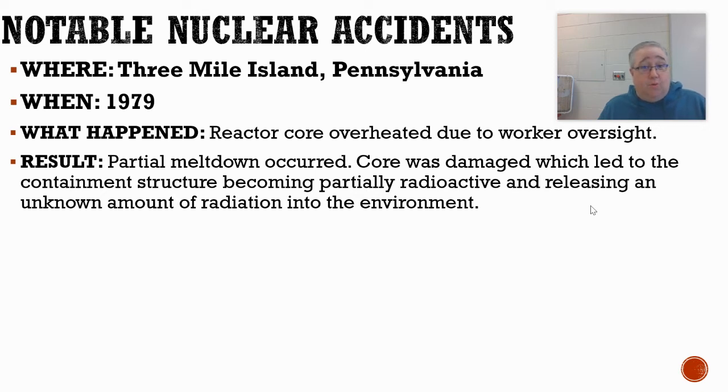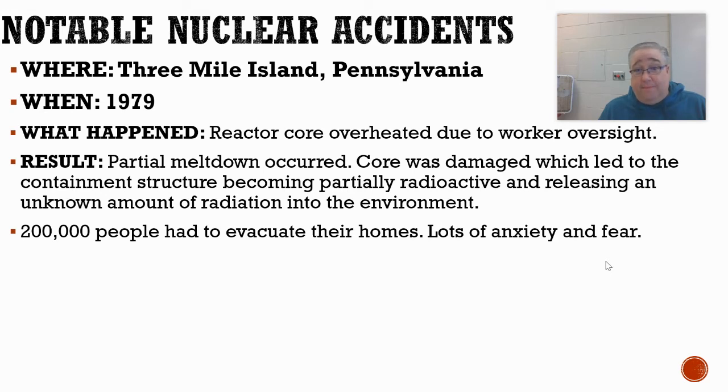So anytime there's a reactor meltdown, and a possibility that that containment structure may break, then all of the radiation produced from that chain reaction could get leaked out into the environment. So initially, 200,000 people had to evacuate their homes, and they were freaking out. I mean, this was a national news story. This had never happened in our country before, and there was real fear that people were going to get radiation poisoning and get sick.